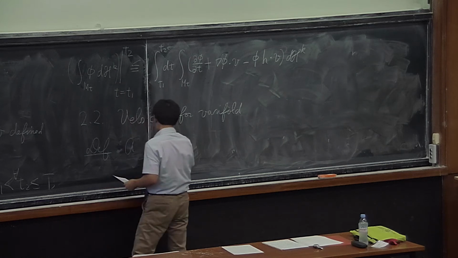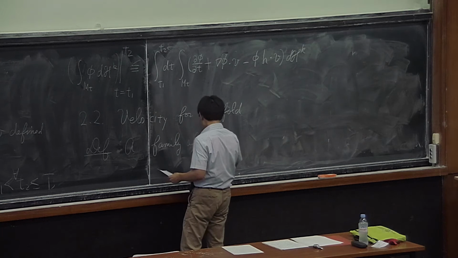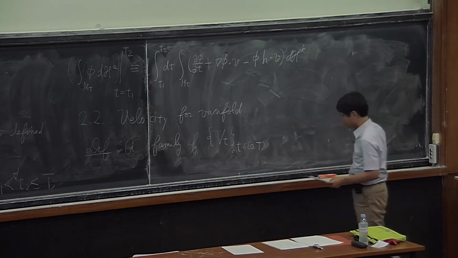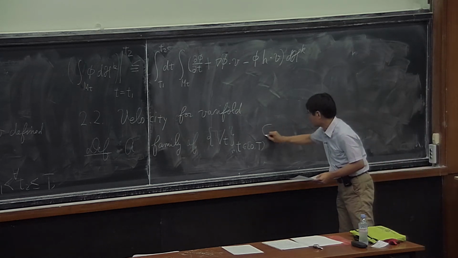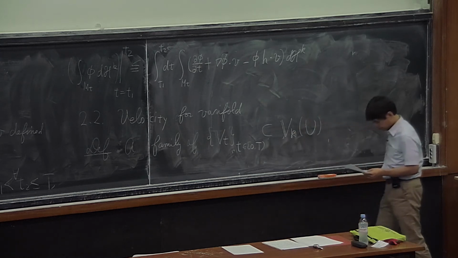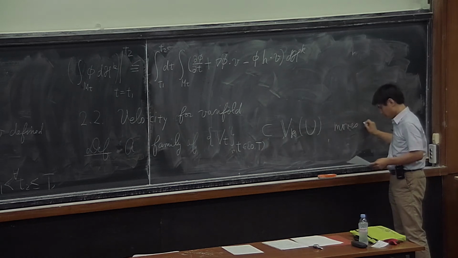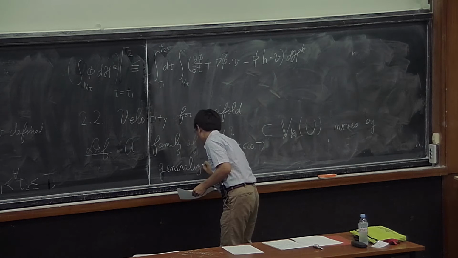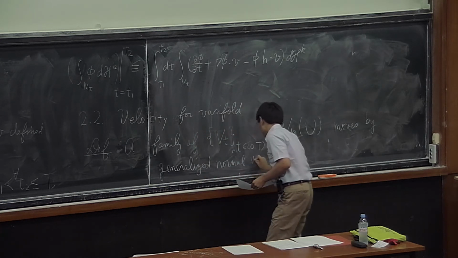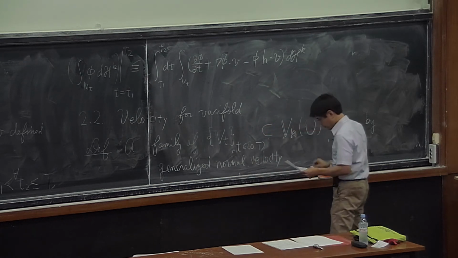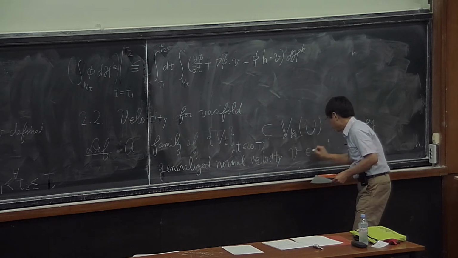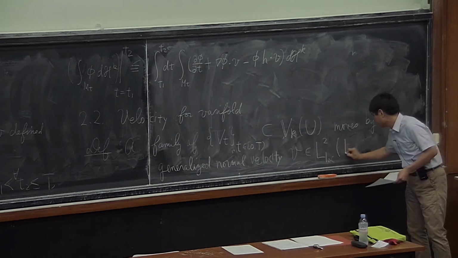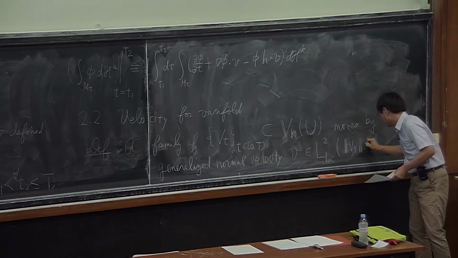Definition: a family of varifolds Vt. T could be, I don't want to be too specific, but let's say t is defined on the interval from 0 to T, a general varifold, say on U, moves by generalized normal velocity V, which I assume to be in the L2 class, locally L2 with respect to the weight measure ||Vt|| dt.